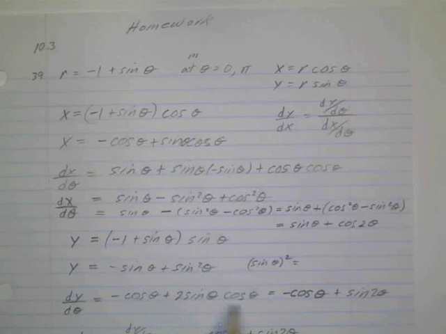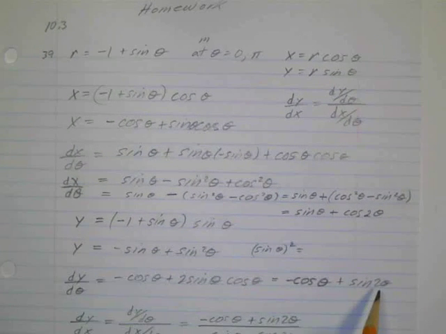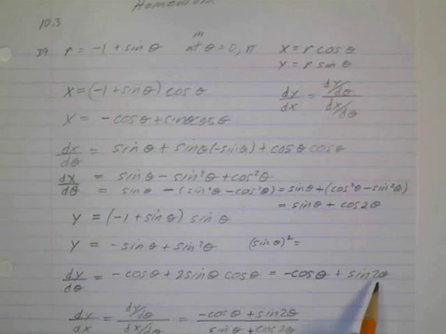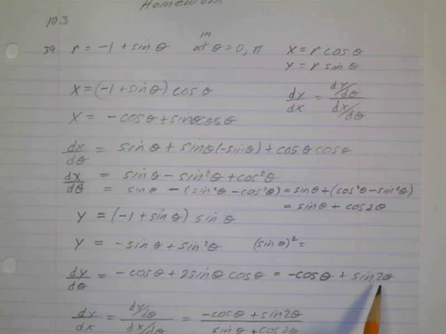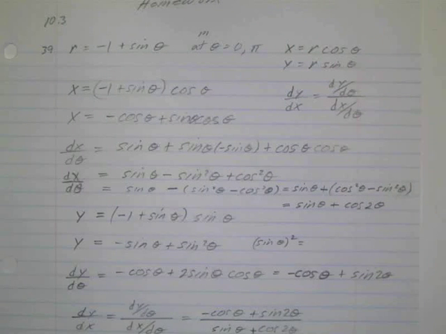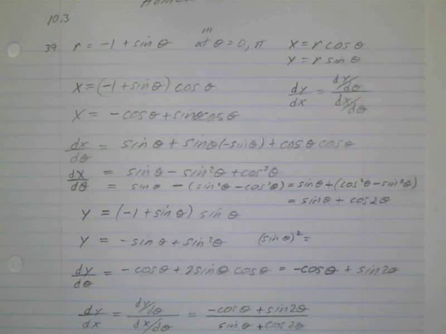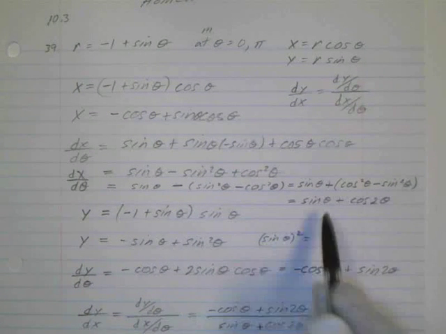Now when I see this, this is my two-angle formula for the sine of theta, so I'll just write this like this. And these are on your formula sheet, so hopefully they're accessible to you. So dy/dx equals dy/d theta, which is this guy, over dx/d theta, which was this guy.